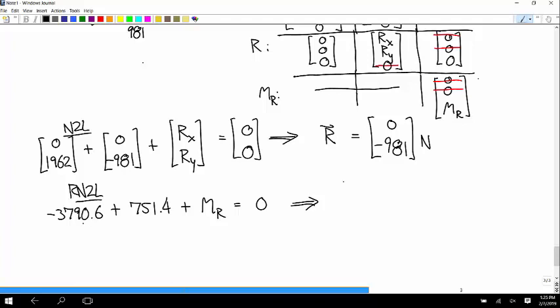And rotational Newton's second law: what's 3790.6 minus 751.4? 3039.2. That's our MR, and that's in Newton meters.